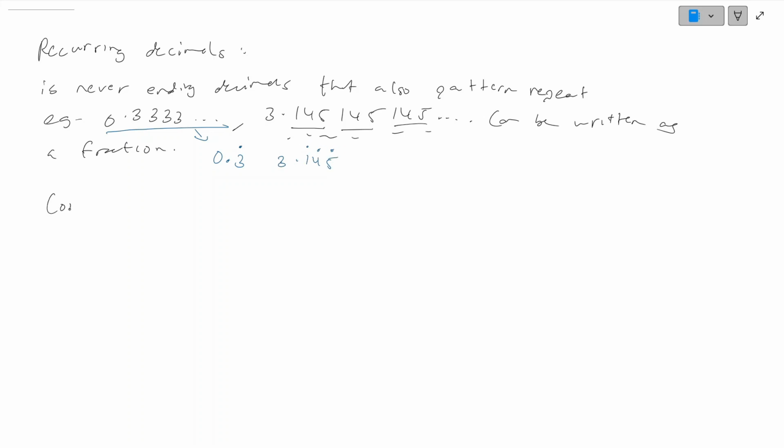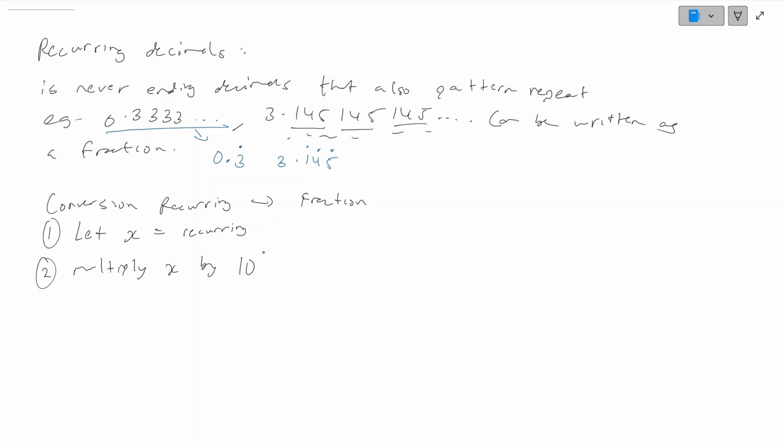When we are talking about the conversion of a recurring decimal to a fraction, there are a few steps. So step 1, we let x become that recurring number. And then step 2, we multiply x by 10 to the power of the number of digits that are repeating.